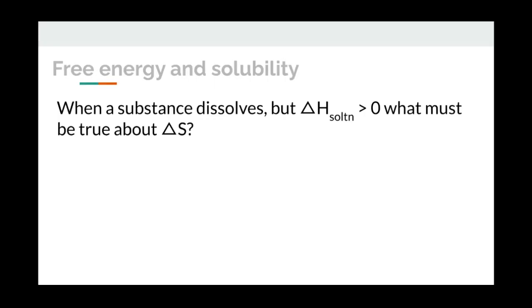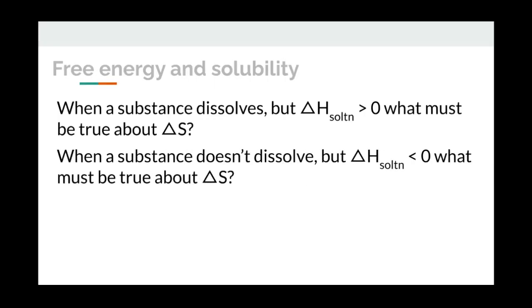What must be true about delta S? From a qualitative standpoint, we can think about the fact that endothermic reactions tend not to be spontaneous. So if this actually dissolves, what must be true about delta S is that it must also be positive. An increase in entropy, if it's big enough, can offset the fact that this endothermic reaction would be unlikely to occur spontaneously.